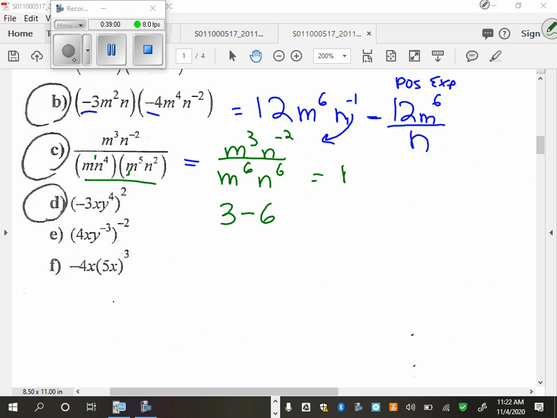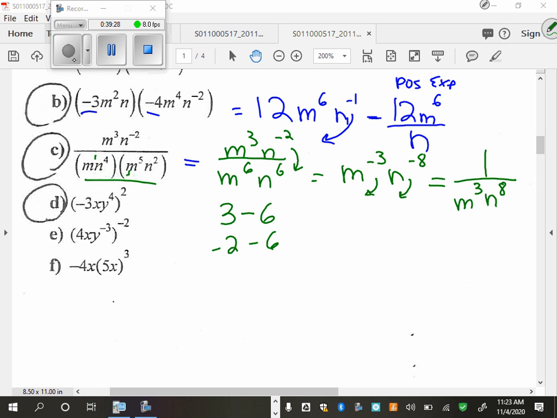So m to the negative 3rd, and n, you can bring it down if you want to, or you can do negative 2 subtract 6, which is negative 8. Now, bring them both down with positive exponents, like I asked you to do 1 minute ago. So 1 over m cubed, n to the 8th.